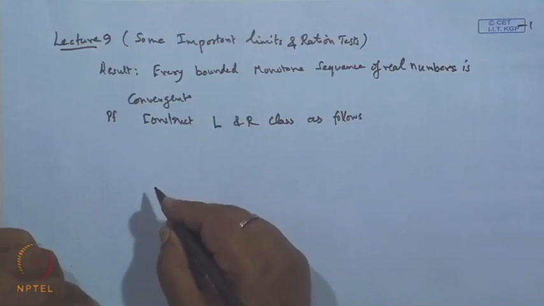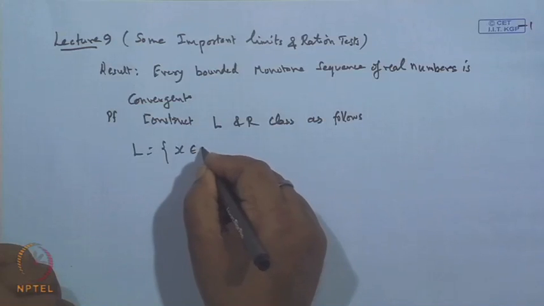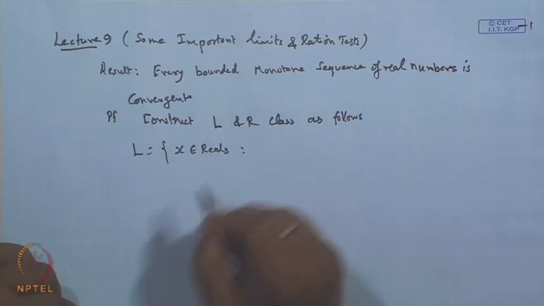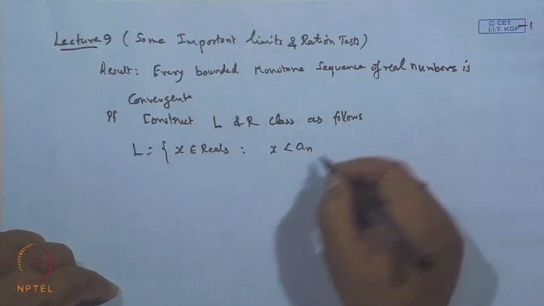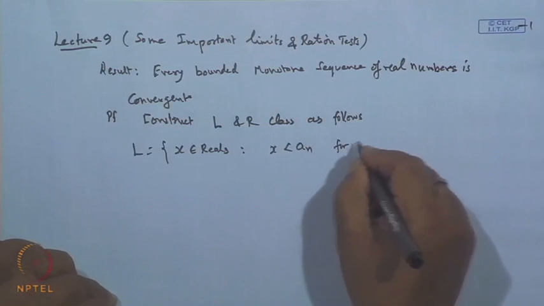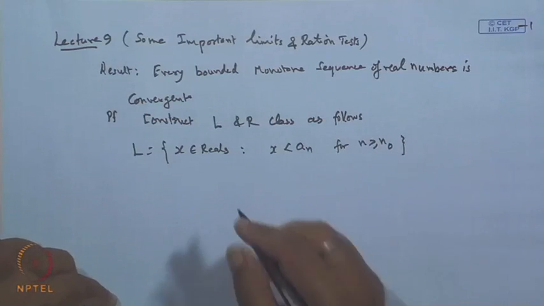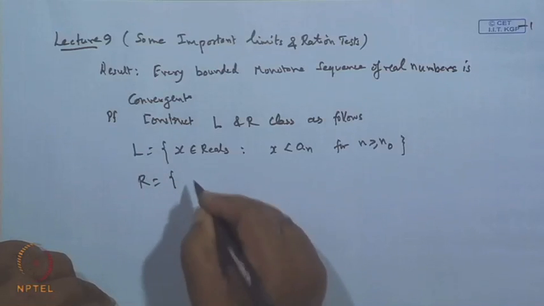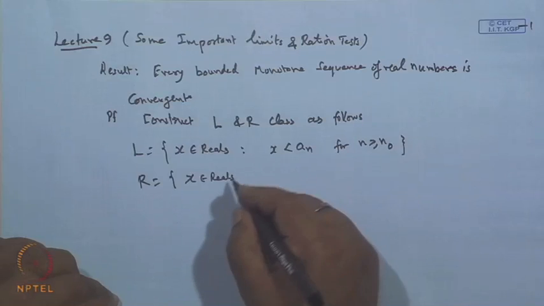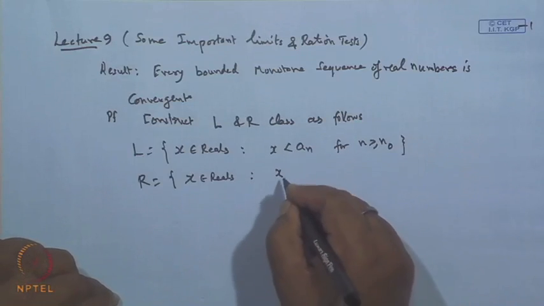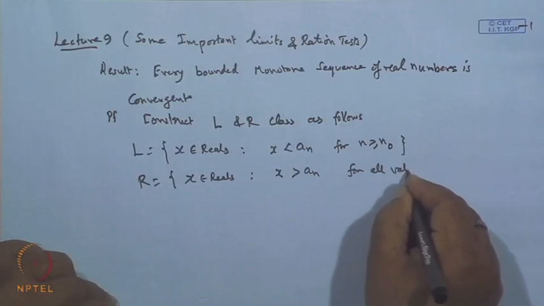L is the set of those reals x such that x is less than a_n for all n greater than or equal to some n naught. After a certain stage we are taking this. And R is the set of those real numbers x such that x is greater than a_n for all values of n.